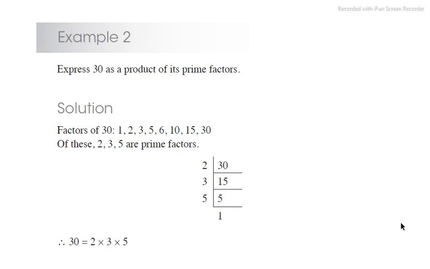Or we list the factors of 30 and we choose the prime numbers among the factors, and they are those ones that we shall use in dividing 30. So 30 is expressed as 2 times 3 times 5. That is how we shall express 30 as a product of its prime factors.